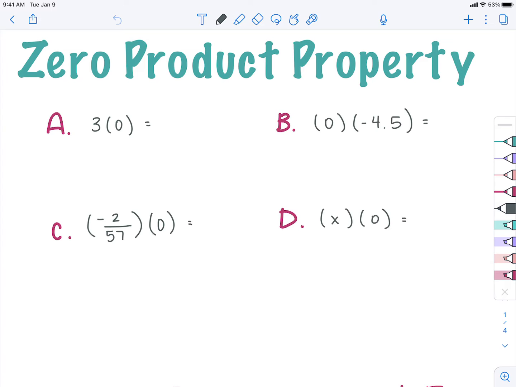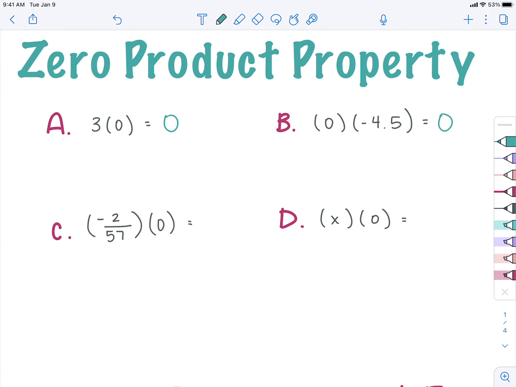So if we look at that first example A that I have written there, and if I asked you 3 times 0, you'd be like, yes, this is the best quiz I have taken in a long time, right? 3 times 0, what do we get? 0. What if I asked you for 0 times negative 4.5? 0. What about if I made it scary and said negative 2 over 57 times 0?